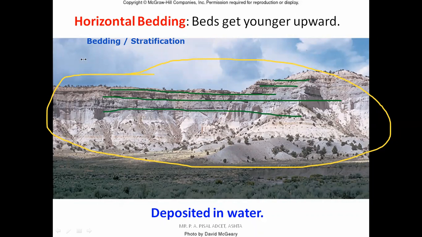All the strata. Now look carefully, the meaning of strata is layer.